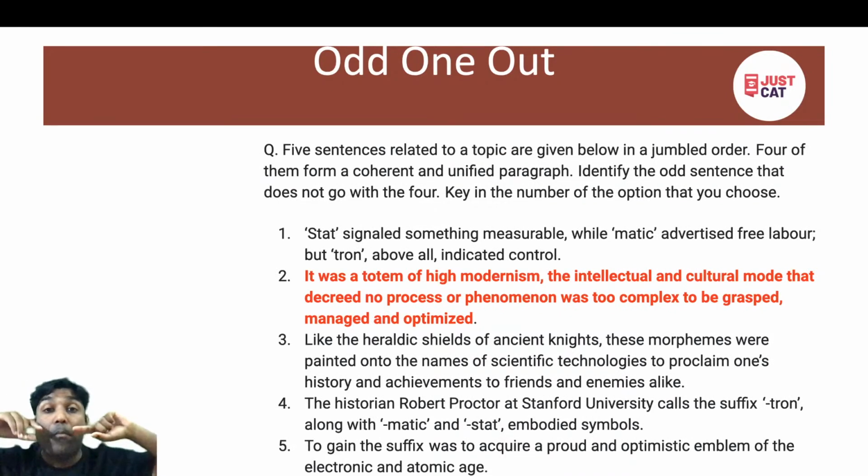Two is talking about the ideals of high modernism, saying that any idea, any process is not too complex to be understood. That is, we are trying to simplify something, to reduce the arrogance or the hype or the undue respect associated with certain knowledge, and make it for the masses.